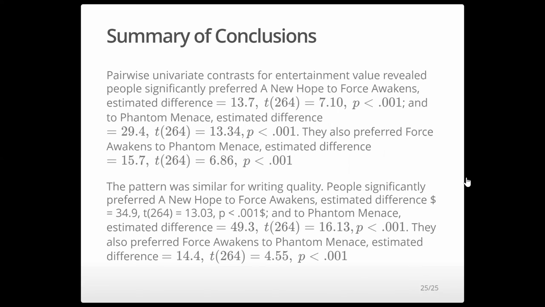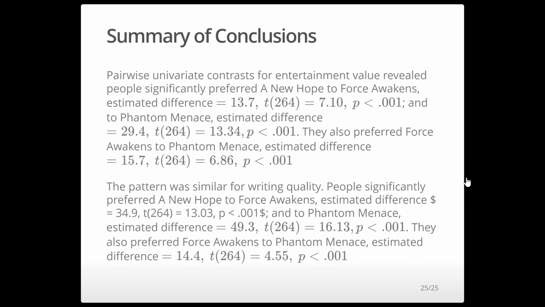And then finally, we get to our most granular conclusion, where we test the pairwise univariate comparisons for entertainment and for writing. Here we note that for entertainment value, people preferred A New Hope to Force Awakens by an estimated score of 13.7 on the scale that we were measuring.